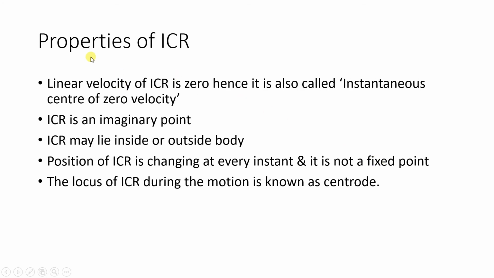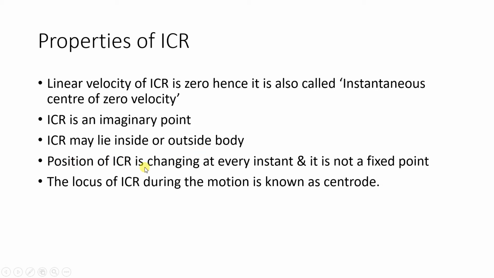Now these are a few properties of ICR. Linear velocity of ICR is 0. Hence, it is also called instantaneous center of zero velocity. This point we will see with the help of an example in upcoming slides. ICR is an imaginary point. Then ICR may lie inside or outside the body.